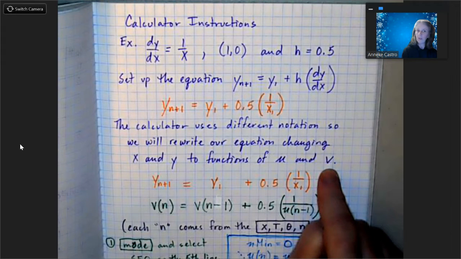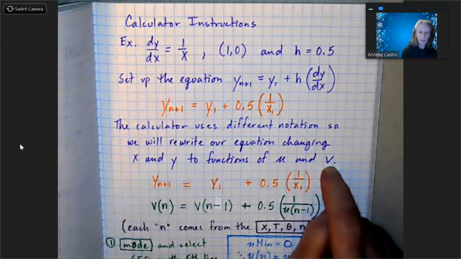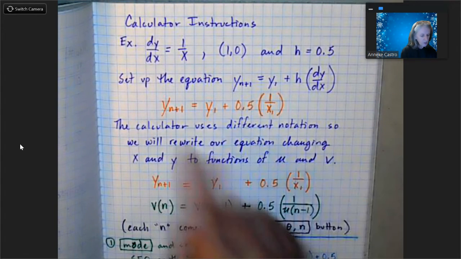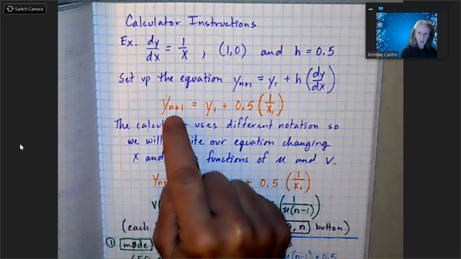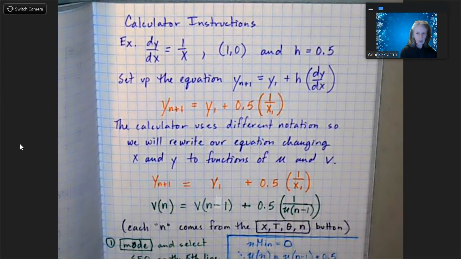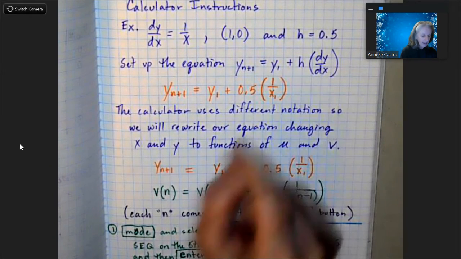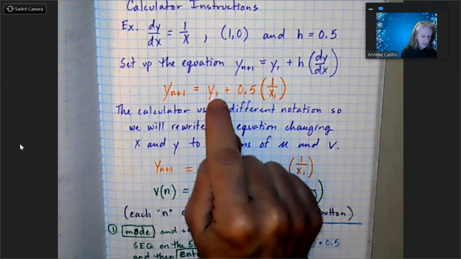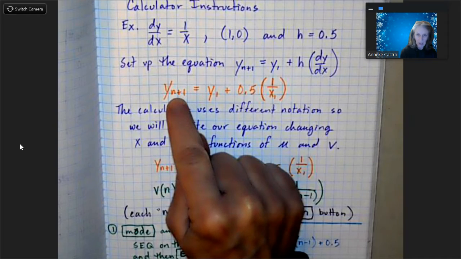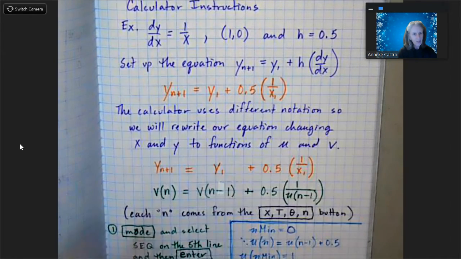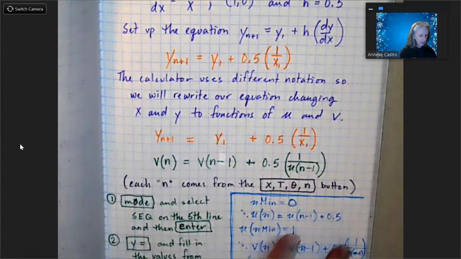We've used u and v before, but now we're using them in a slightly different way. We're also going to be using function notation, so instead of subscripts, these are going to be in parentheses. And instead of using n and n plus 1, we're going to use n and n minus 1. Slight differences, so I lined them up so you can see them.